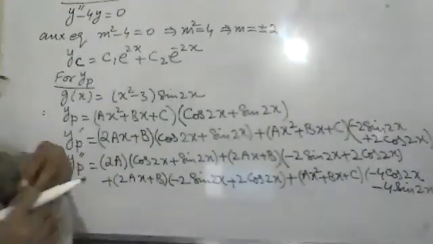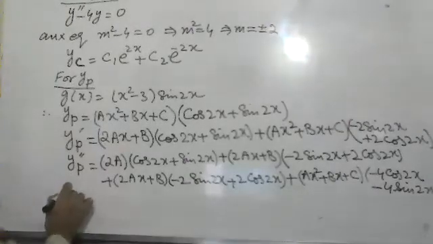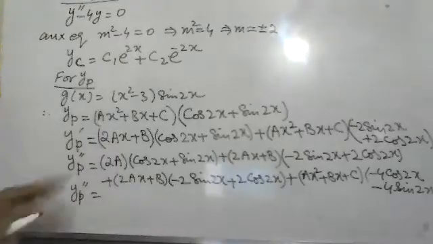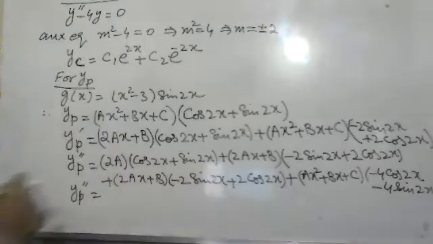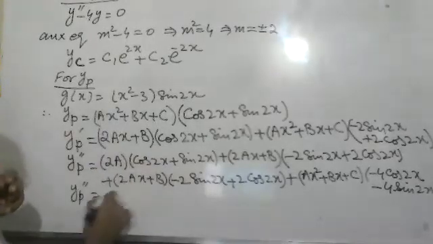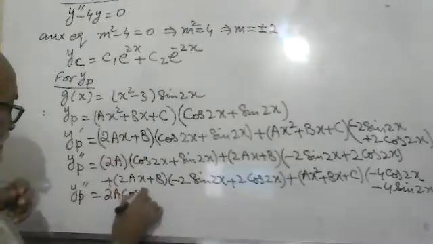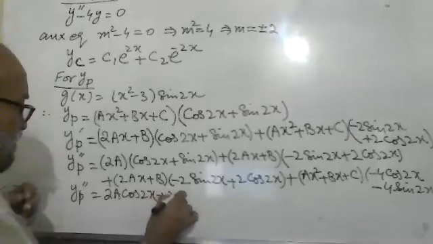Now we will take common yp double dash, multiply and open it, that is better. 2a into cos 2x will be 2a cos 2x. 2a into sine 2x will be 2a sine 2x.